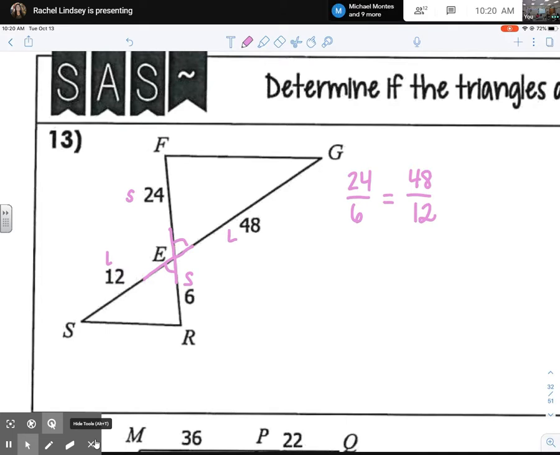Yes. 24 divided by 6 is 4, and 48 divided by 12 is 4. Are they both the same? Yes. So we can say those triangles are similar by side, angle, side similarity. So with side, angle, side, as long as you have their included angle and you have two proportionate sides, they are similar.